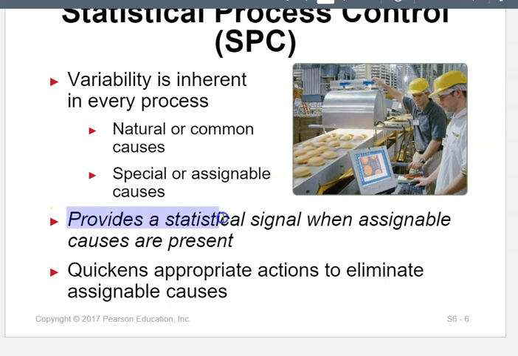Statistical process control provides a statistical signal when assignable causes are present. It quickens appropriate action to eliminate assignable causes.